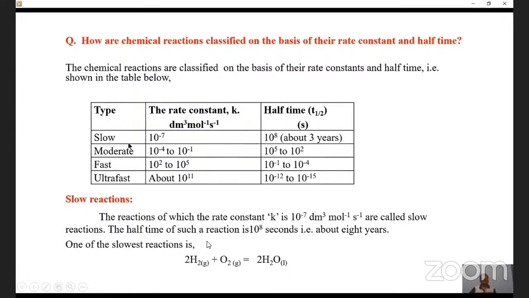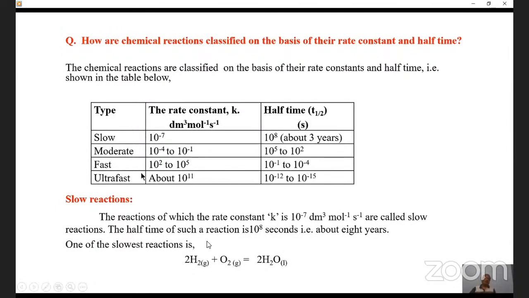Then the moderate reactions, or moderately fast reactions, are those reactions of which the rate constant k value is between 10 to the power minus 4 to 10 to the power minus 1 dm³ per mole per second, or the half time is 10 to the power 5 to 10 to the power 2 seconds. Now the fast reactions are those reactions of which the rate constant k value is 10 to the power 2 to 10 to the power 5 dm³ per mole per second, or the half time is 10 to the power minus 1 to 10 to the power minus 4 seconds.